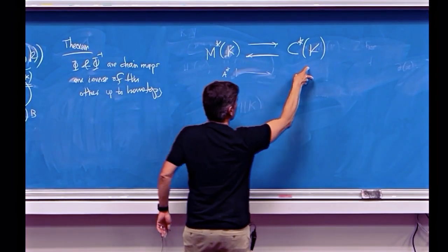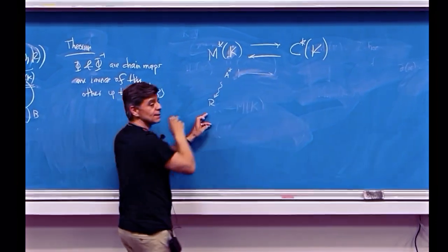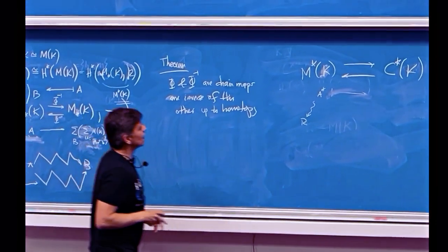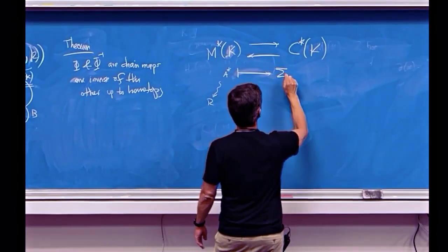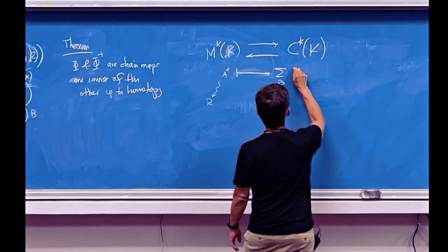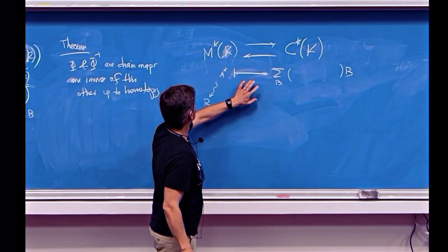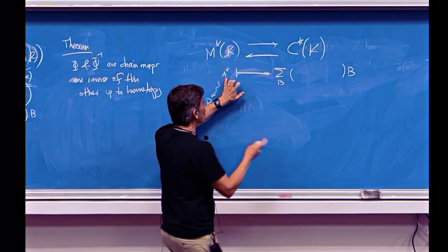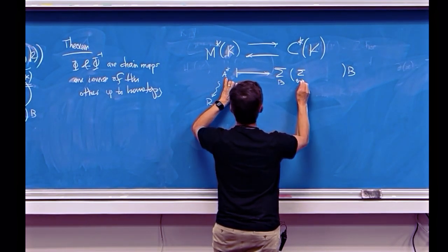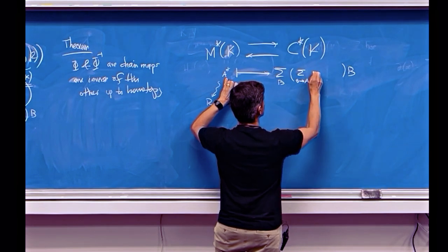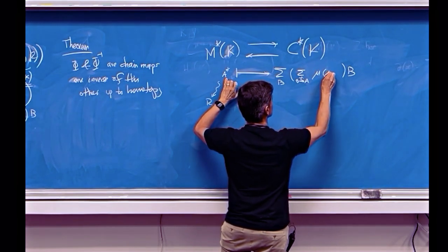So I need to see what are the B's that hit this and with what number, so that it is inherited in this formula. So what this tells you is that this goes to the sum of all those B's that flow into A, taking into account its multiplicity.